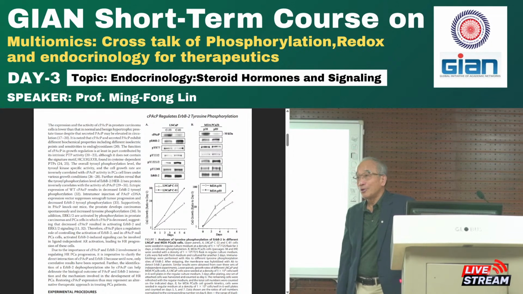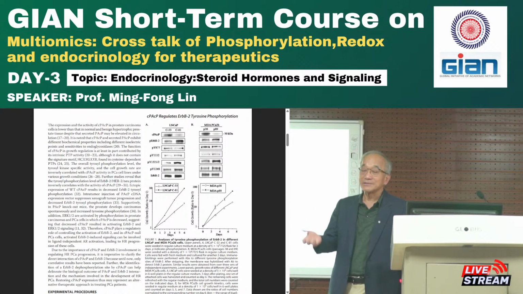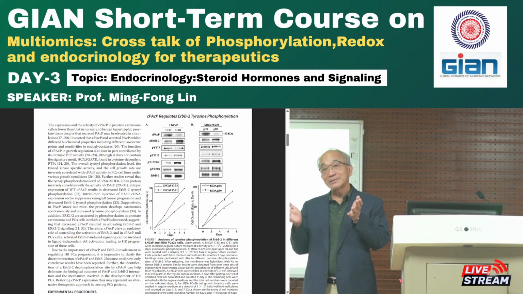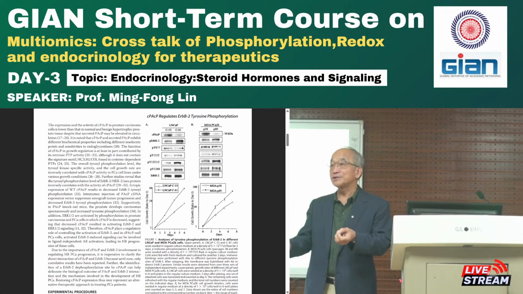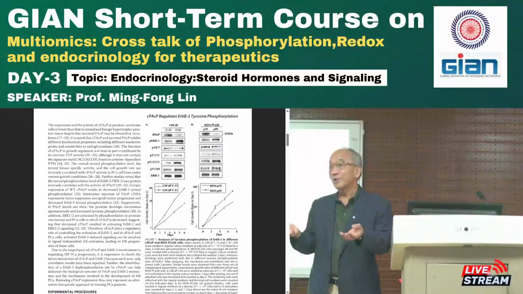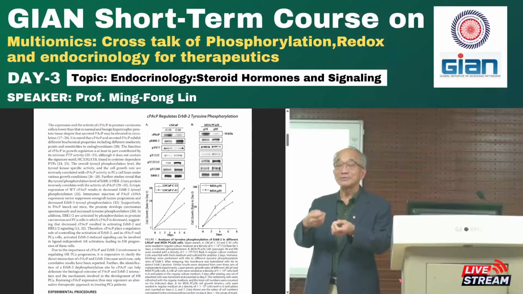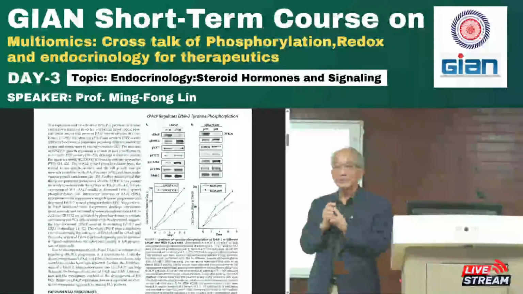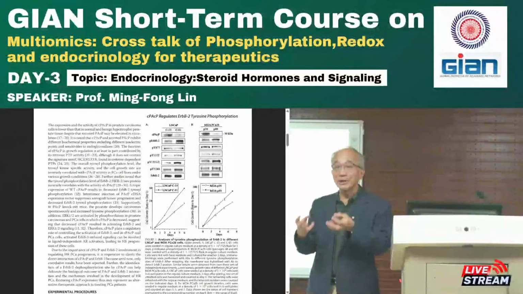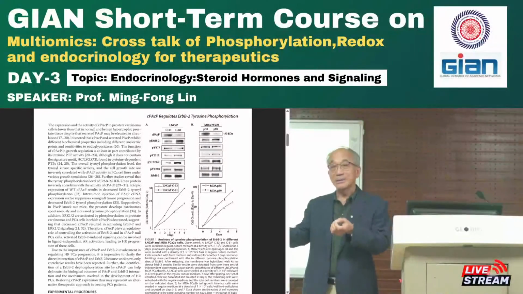Unfortunately, the answer is still no. It's not to say the function is wrong. The problem is AGA79 has a very short life in the circulation, so we cannot reach the efficacy concentration. So they are trying to find a new compound that can prolong the lifetime, then we can use it.